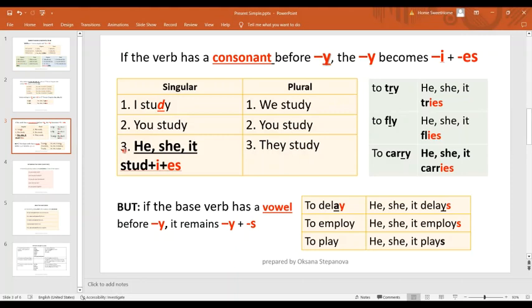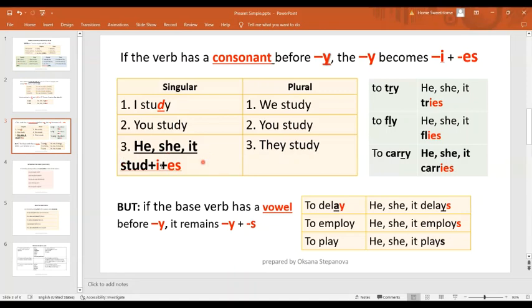So voila, now you know that present simple has changes only in third person singular. And you can relax with the rest of the pronouns. Plural form doesn't have any changes. You, second person, doesn't have any changes. I doesn't have any changes. Very important is only third person singular.